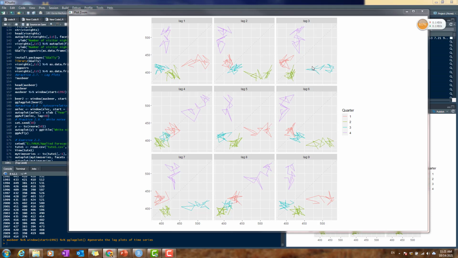With lag 3, it doesn't happen, but with lag 4 and lag 8, you see a positive relationship. That means, for example, that the first quarter of 2010 has a strong relationship with the first quarter of 2009, which is 4 periods before, and also with the first quarter of 2008, which is 8 periods before.